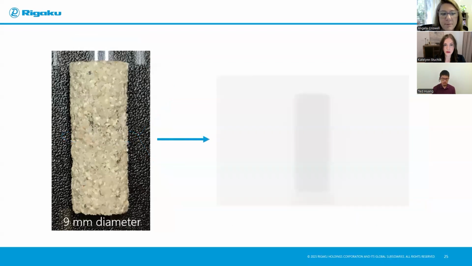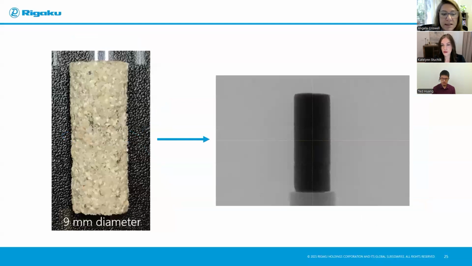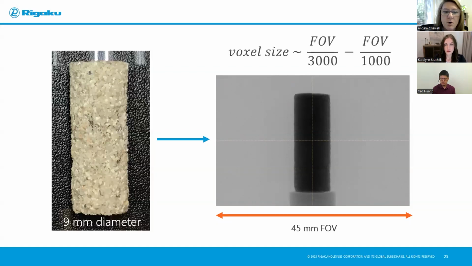One thing I usually like to do is to collect the entire sample in a larger field of view. If I do that for this sample, then the field of view in this case is 45 millimeters. There's a general rule of thumb for all micro CT instruments that the voxel size for a given field of view ranges from 1/3000th to 1/1000th of the field of view.